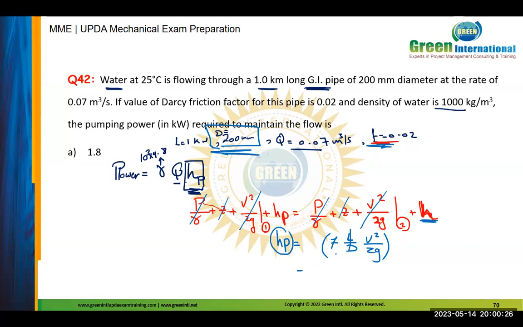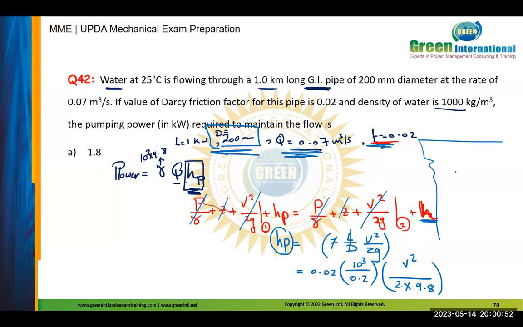Let's go to substitution. f is 0.02, L is 1 kilometer, so 10 to the power 3, diameter 0.2, 2g is 2 times 9.8. Velocity is not given directly, so we find it from Q. V equals Q over A, where Q is 0.07 and A is pi over 4 times the diameter 0.2 squared.